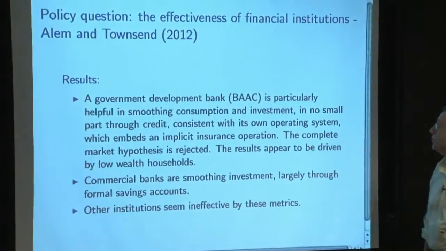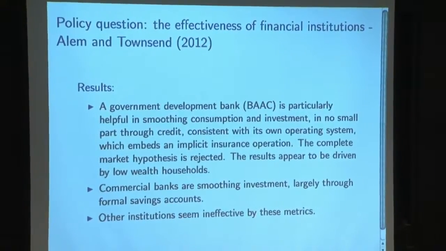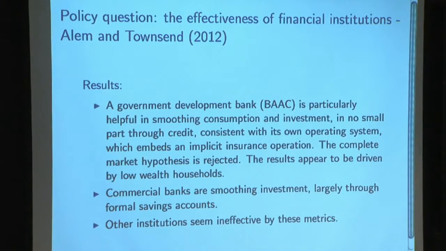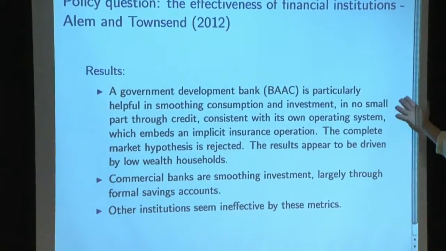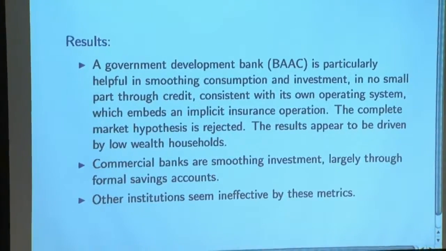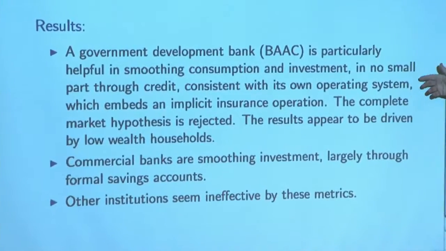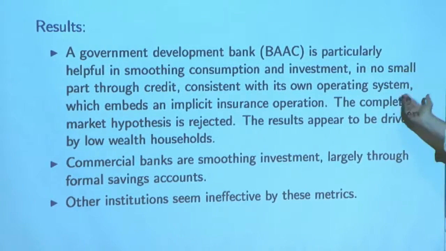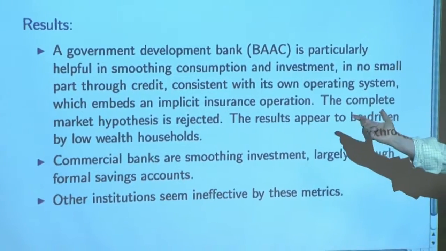So what are these institutions? Well, by now you probably know the names of them. They've been coming up in previous lectures. We find that the Bank for Agriculture and Agricultural Cooperatives is helpful in smoothing consumption and investment. It looks from the transactions data as if that has to do with its credit operation. They're basically embedding credit and insurance in their loan contracts.